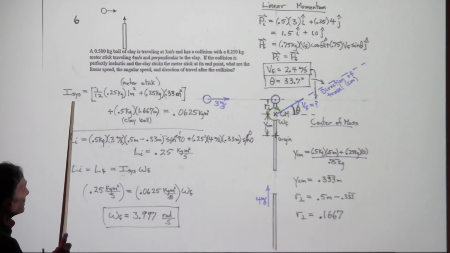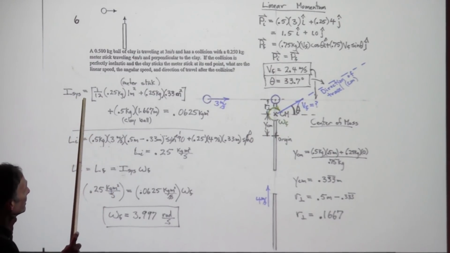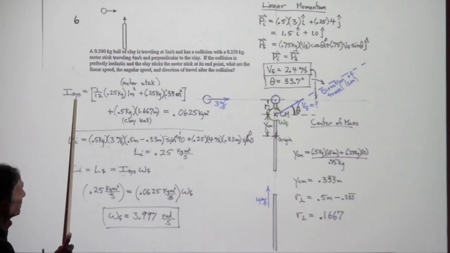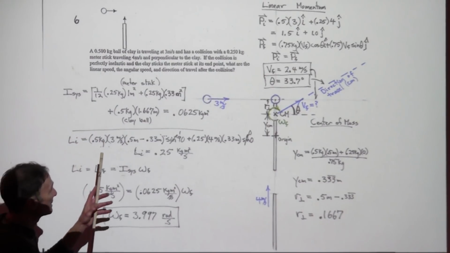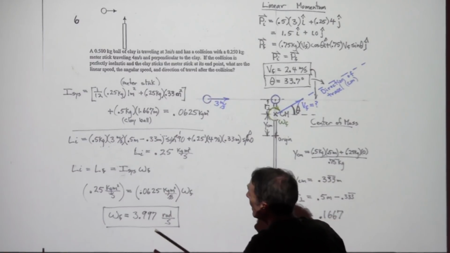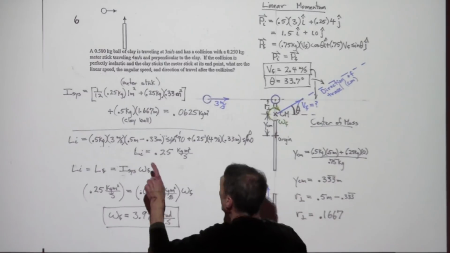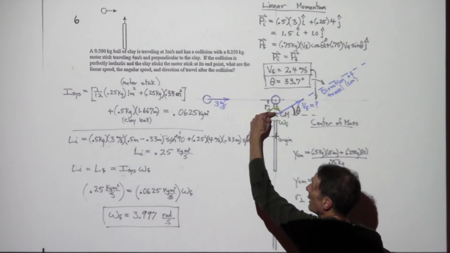The I of the system, we need to be able to come up ultimately with the I of the system to do the conservation of angular momentum. These two things are going to get stuck together. When they get stuck together, they're going to start to rotate. So let's get the moment of inertia for that. It is going to rotate around the combined center of mass.